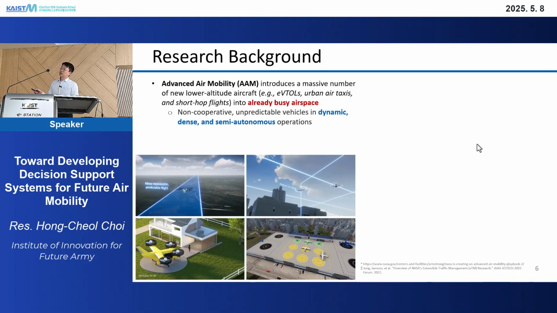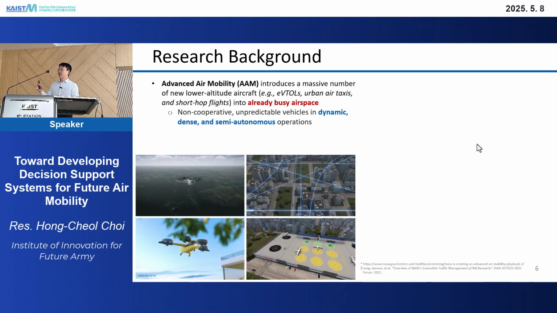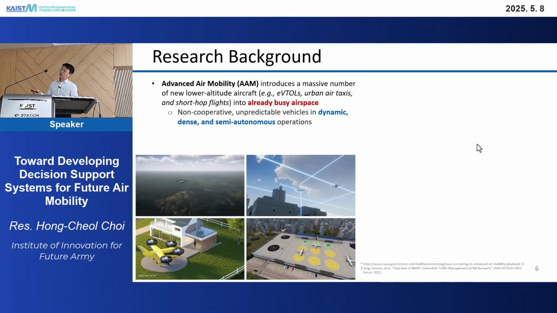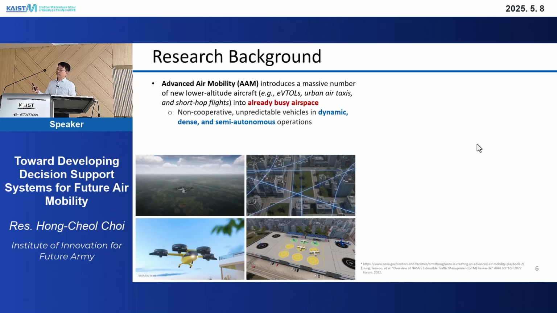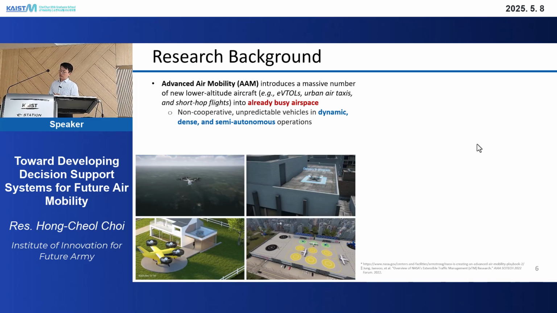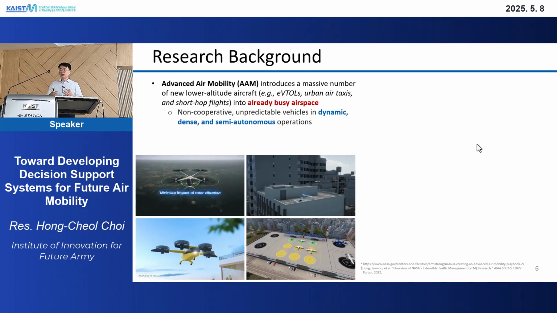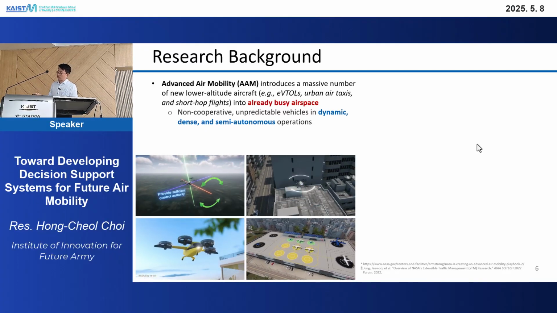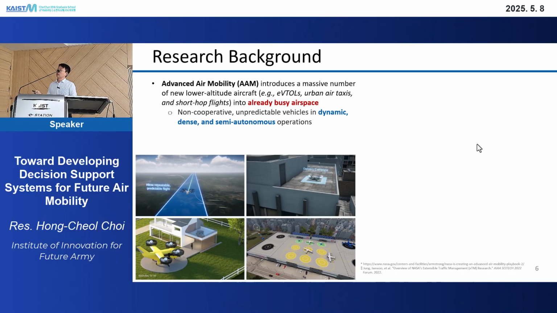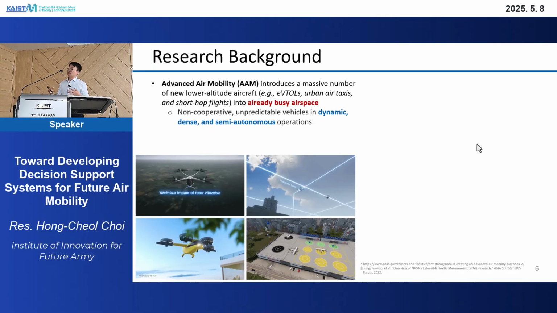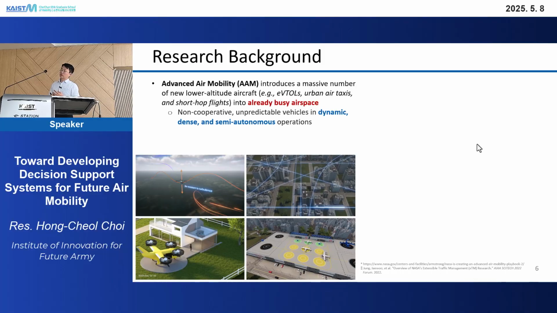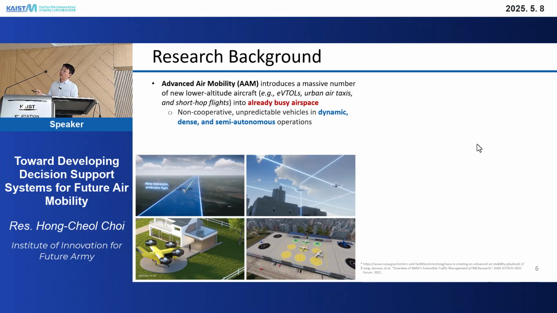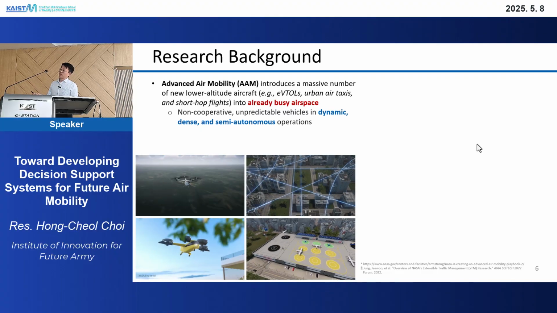So these characteristics are quite different from commercial aircraft. This is non-cooperative, especially since the air traffic control management system is centralized and human-in-the-loop, but these drones can number more than 1,000 in busy airspace.